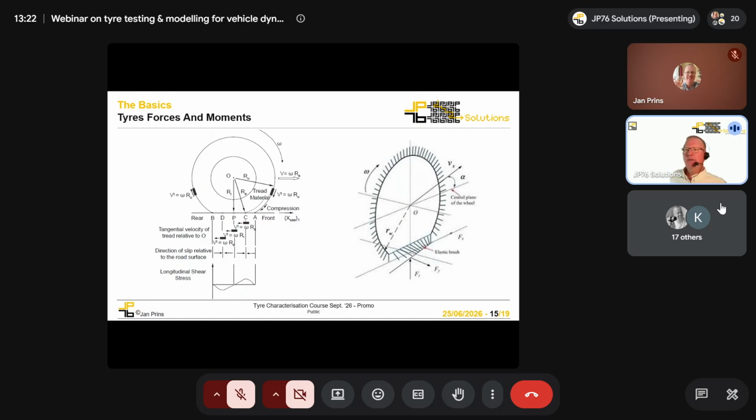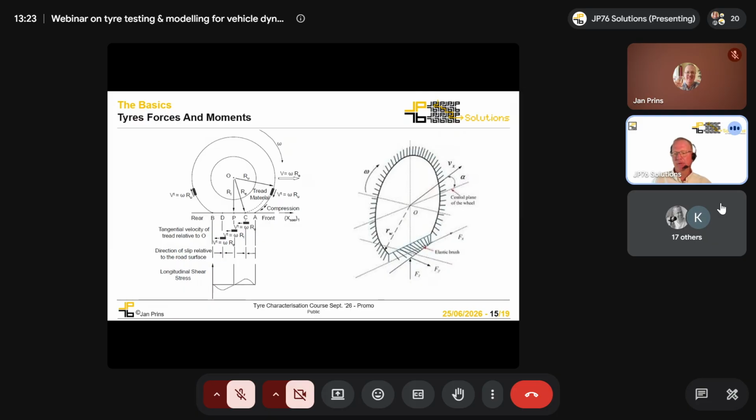Another slide from the forces and moments presentation, session 4 on the course, or 5 as it will be in September. We'll have to spend quite a lot of time going through this, but the important thing to consider is that you can replicate and try to model tire behavior by using the principle of bristles on a disc, and that's called a tire brush model.